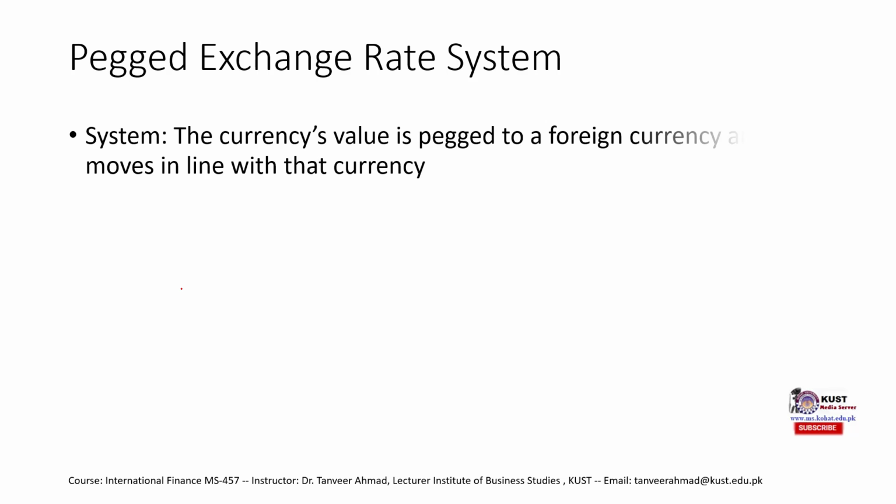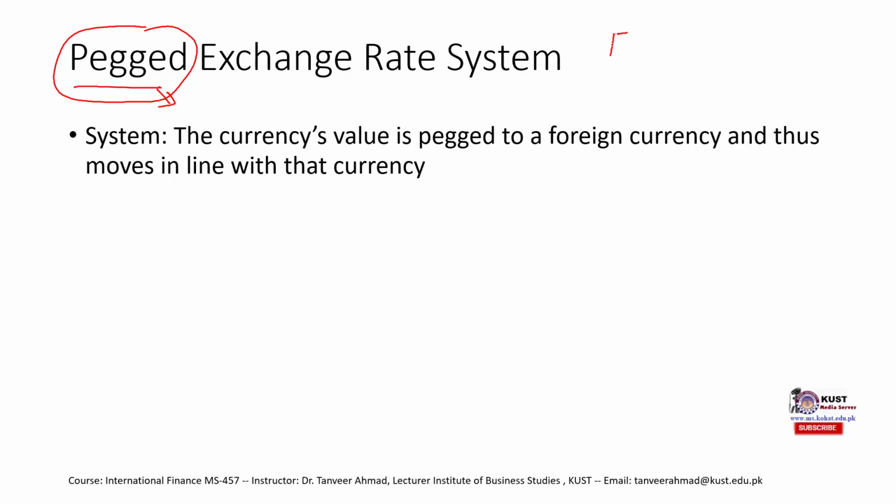Then we have pegged exchange rate system. In this system, the currency's value is pegged to a foreign currency and thus moves in line with that currency. So remember in our first slide, when we were discussing fixed exchange rate system, we said pegged exchange rate system is also a kind of fixed exchange rate system.